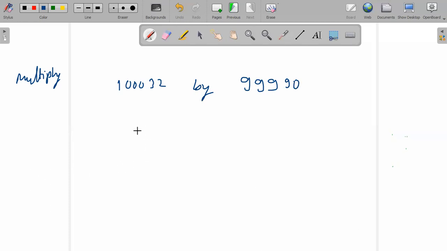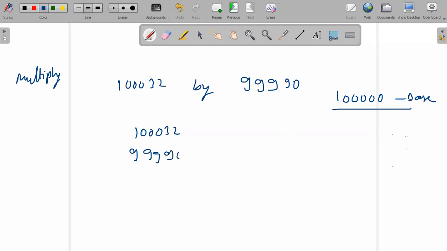Let's do it. 100032, what will be the base here? 1 lakh will be the base, and 99990. Yes, plus 32. Am I right? And minus 10. What will be there? 32 multiplied by 10 is 320. Minus 320. Minus 00320.